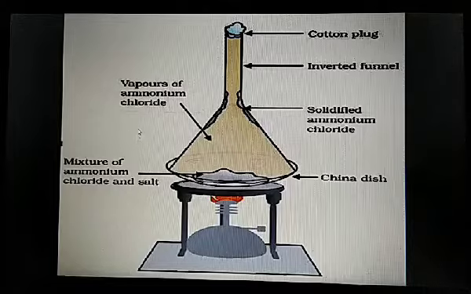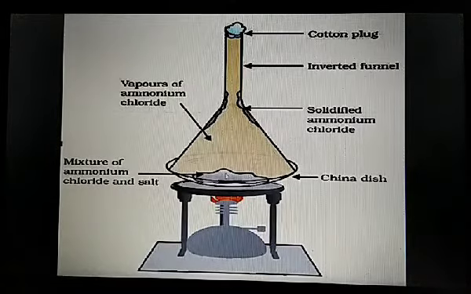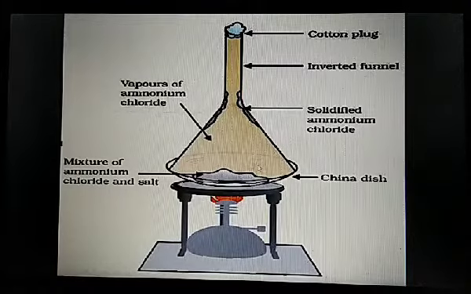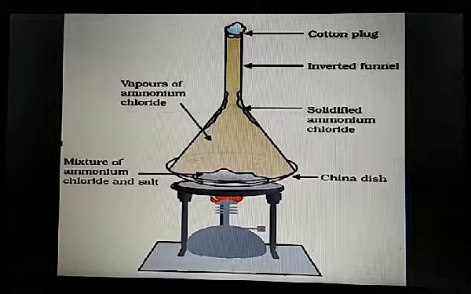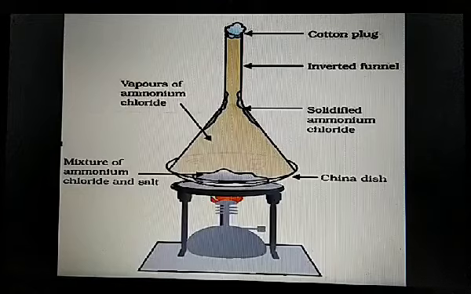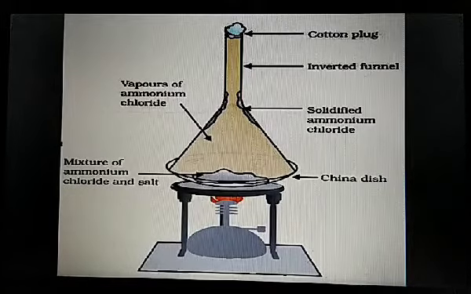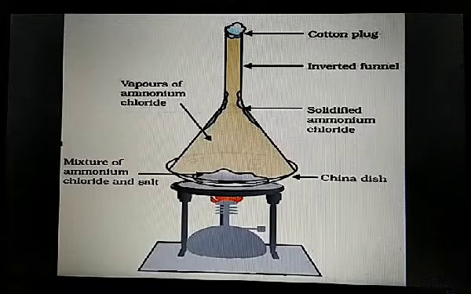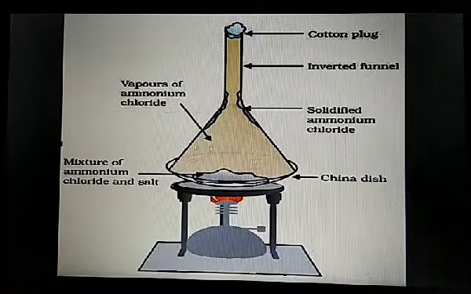So this is how you can separate out ammonium chloride, whereas the sodium chloride, NaCl, will remain there in this china dish, because it gets converted into molten and then vapor state only at very high temperature. It requires thousands of Kelvin or degrees Celsius to convert into vapors. Therefore it will not sublime on heating, so we'll get only ammonium chloride.